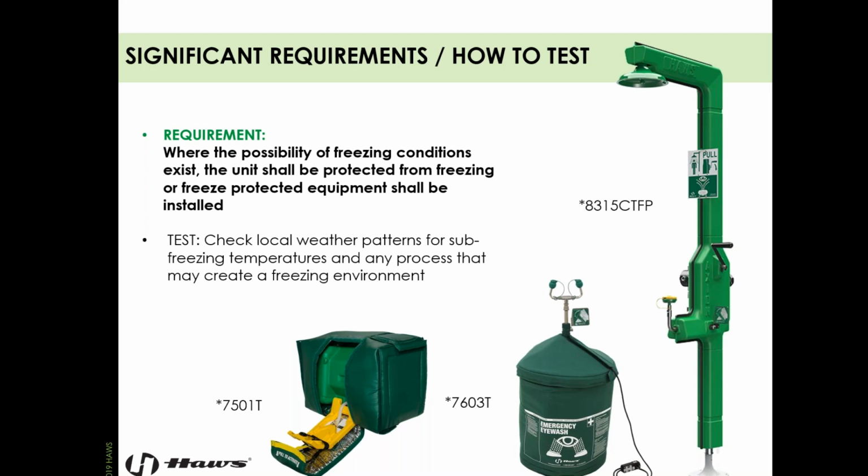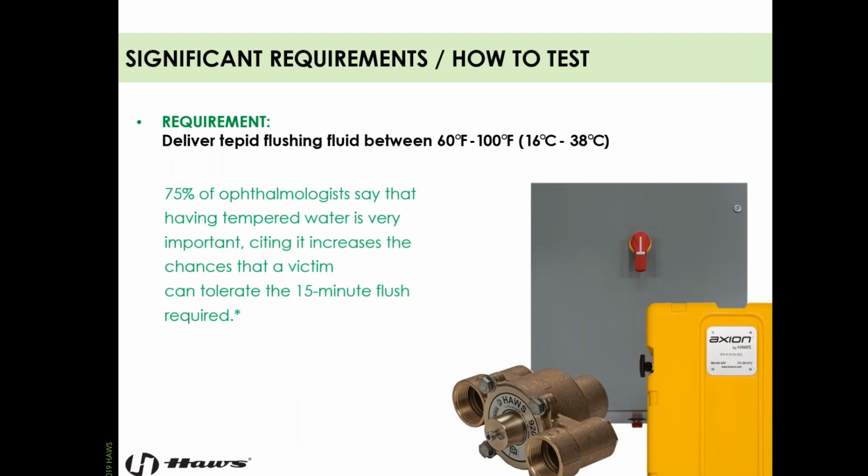It's jacketed. It has heat trace cables, freeze protection valves that will dump freezing water until it's compliant again, and so on. So having a device like this in place where you have the possibility of freezing is required. Obviously, if the pipes freeze, the water's not going to come out and we're going to have a serious issue.